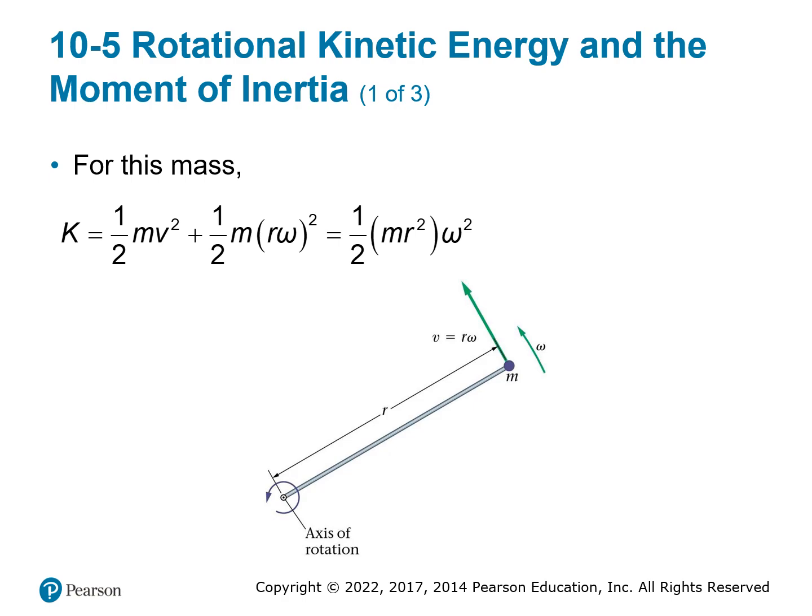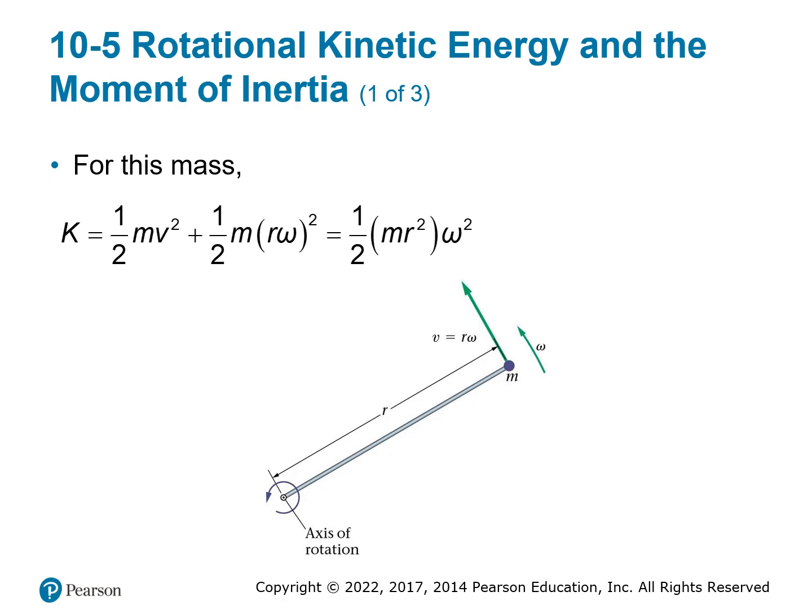Great. We now have to take into account that your object is rotating. So total kinetic energy of an object that is rotating is that linear kinetic energy plus 1/2 times mass times the radius times angular velocity squared.